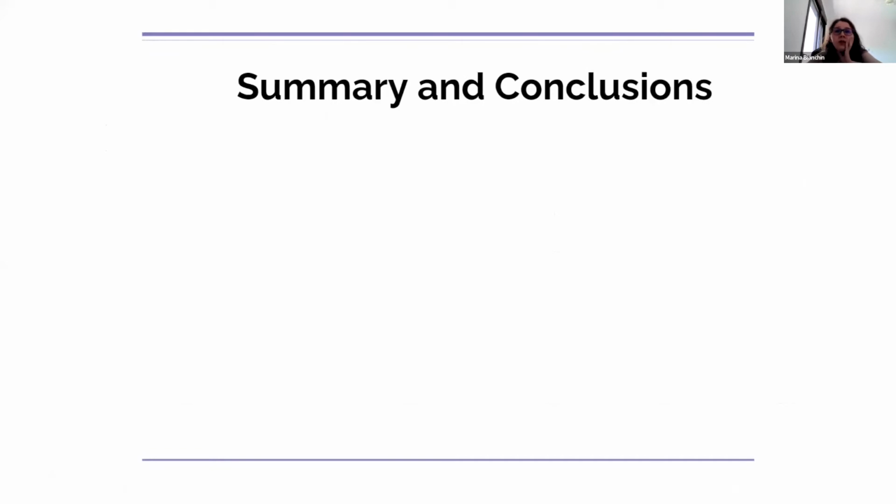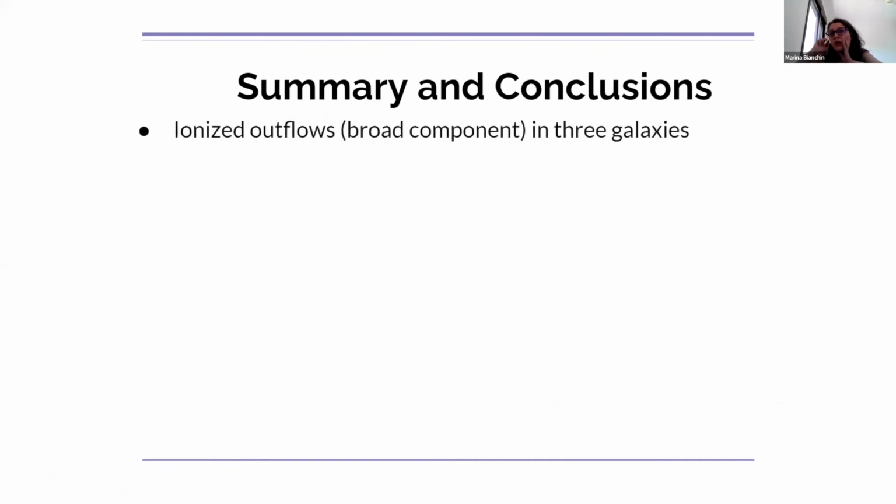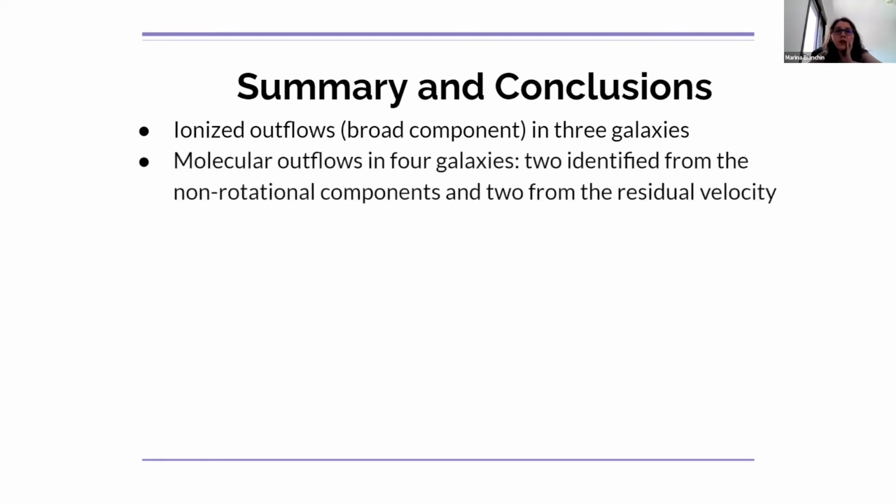So my summary and conclusions, the ionized outflows traced by this broad component are seen in 3 galaxies. Molecular is also traced by this broad component, and in 1 galaxy that I showed before, all the emission broad or narrow component is tracing the outflow.